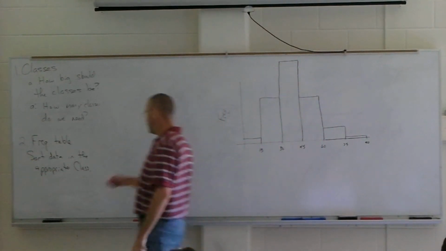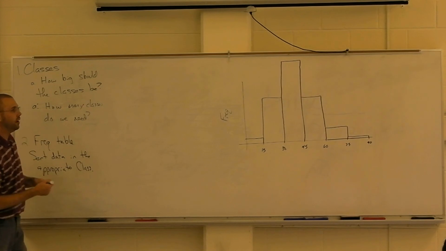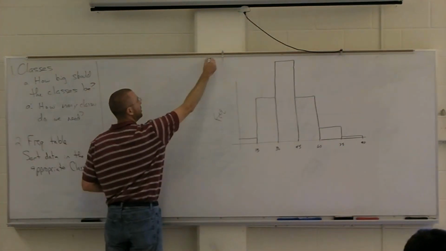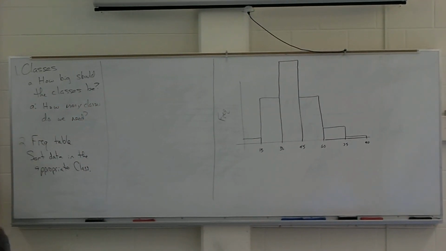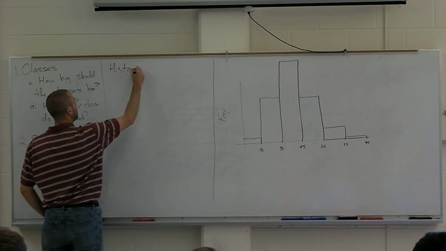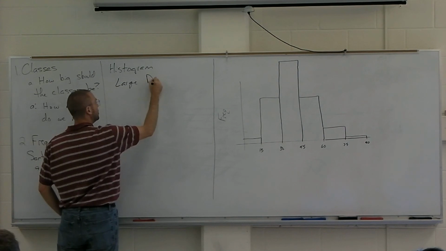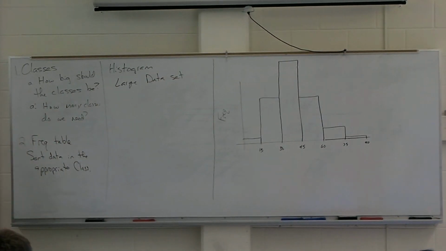All right. Histograms. The appropriate use of histograms. When should we use a histogram? Well, as I said, histograms are probably the more popular choice of displaying quantitative data. And typically, you're going to use your histogram when you have large data sets. The book says large is anything over 50.